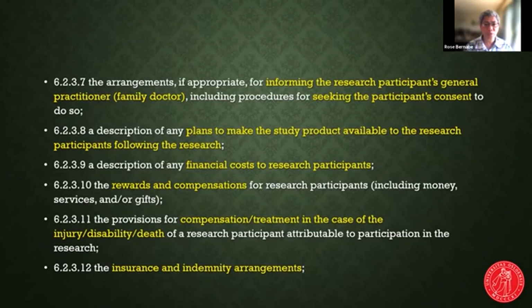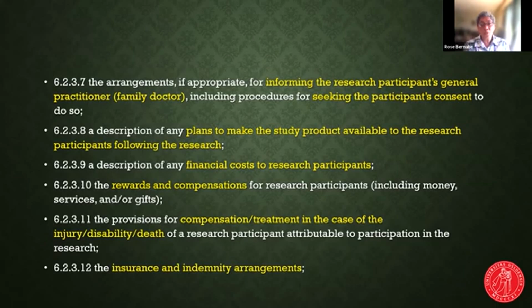Next, the Ethics Committee would want to look into the arrangements, if appropriate, for informing the research participants' general practitioner, including procedures for seeking the participants' consent to do so. What are the arrangements, if it's at all necessary to inform the GP of the patient participant of a study?